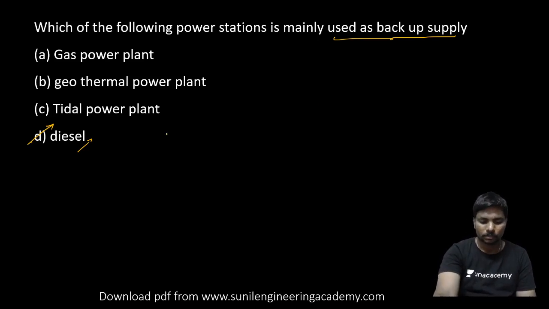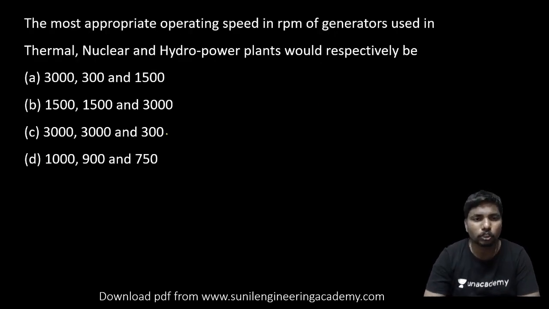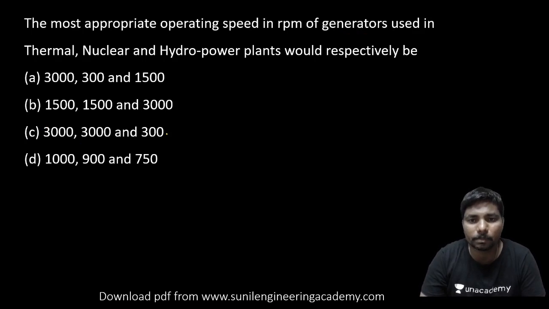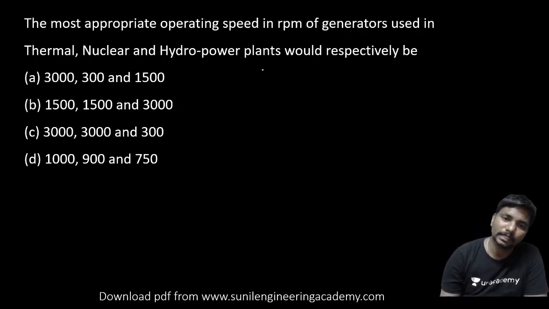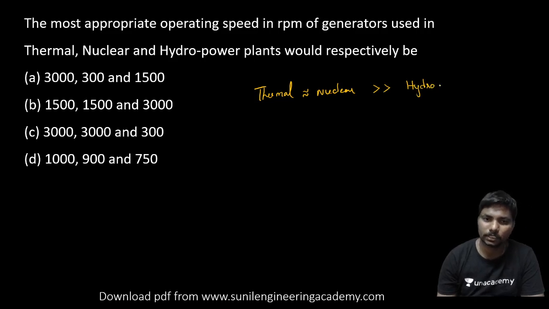Coming to the next, the most appropriate speed in RPM of generators used in thermal, nuclear and hydro. We know very well thermal and nuclear are almost same. But in hydroelectric power plants, we get low velocity of the water, so hydro plants speed is somewhat less.